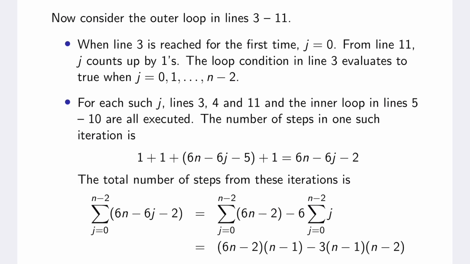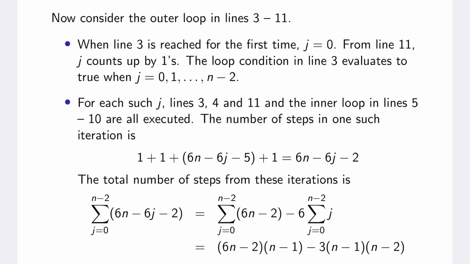Another thing I wanted to point out is that on this term, or this summation, we have the expression 6n minus 2. N is a variable, but it's not the counting variable.